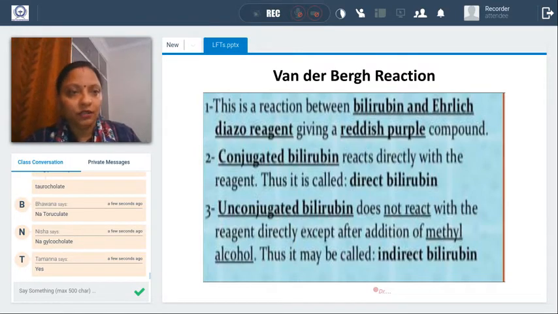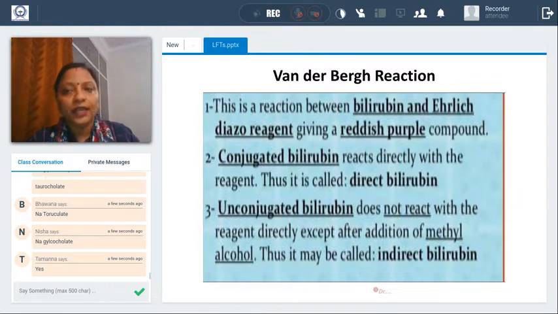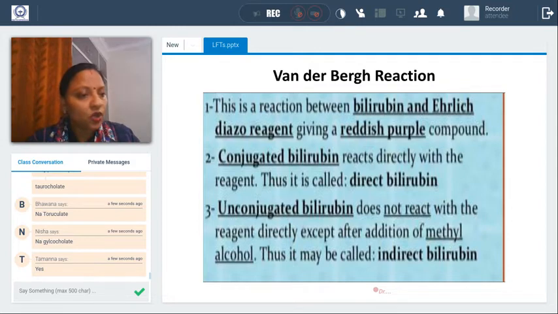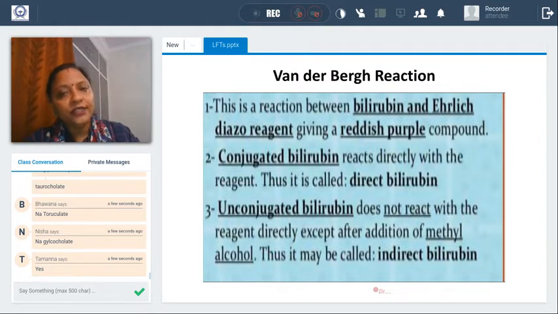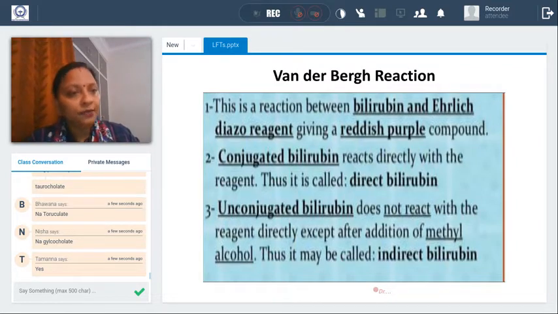Van den Bergh reaction. For serum bilirubin, this is a reaction between bilirubin and Ehrlich's diazo reagent giving a reddish purple compound. What is conjugated bilirubin and what is unconjugated bilirubin? Conjugated bilirubin reacts directly with the reagent. This is called direct bilirubin. It is important: direct bilirubin is also called conjugated bilirubin.